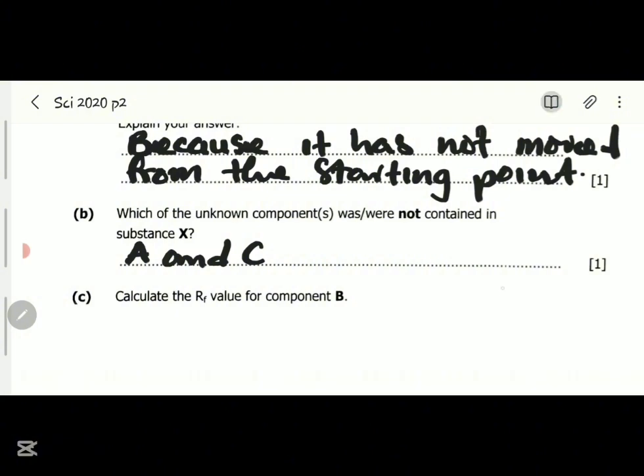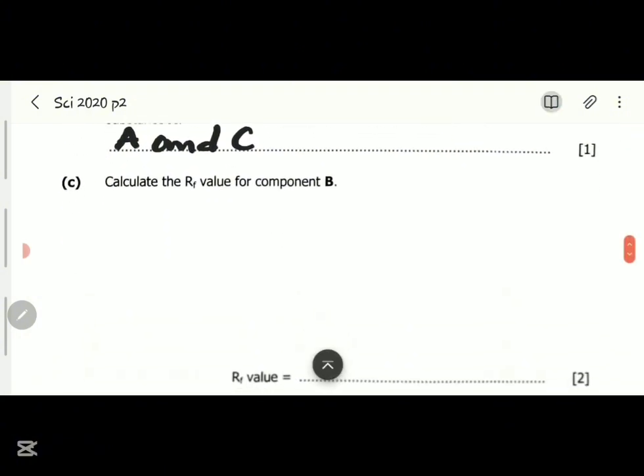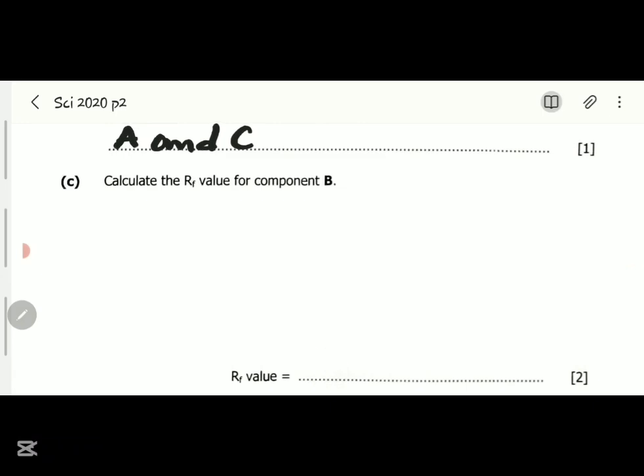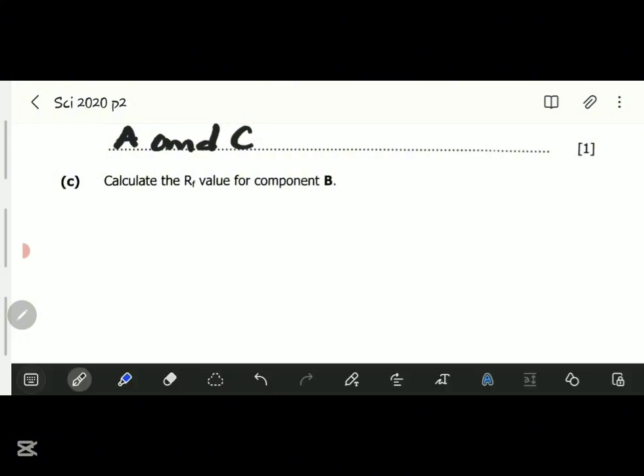Then we proceed to C. C is saying calculate the RF value for component B. So what is RF value? RF value, R stands for retention.